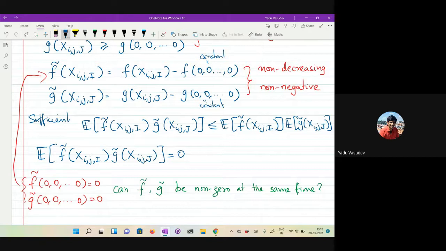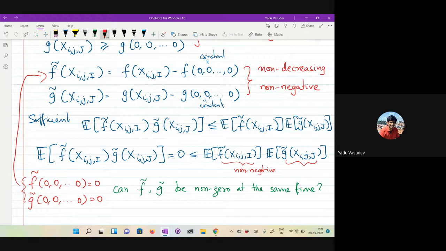But you know that f tilde and g tilde are non-negative, which means that this is definitely less than or equal to the expectation of f tilde of x_I,j for capital I, times the expectation of g tilde of x_I,j for capital J. Because both these random variables are non-negative, there is no way that this can be less than 0.